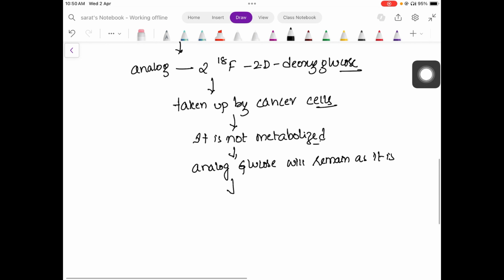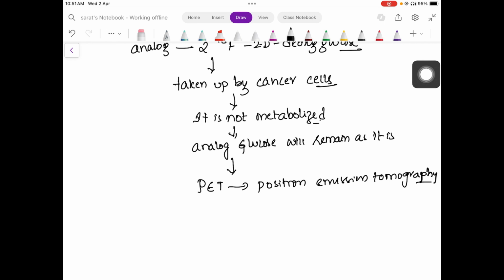Now, you can assess the amount of glucose present in the tumor by a scan called a PET scan. This PET scan is positron emission tomography.